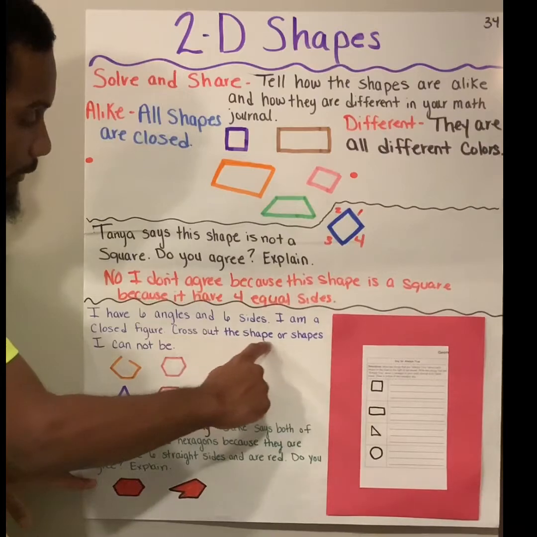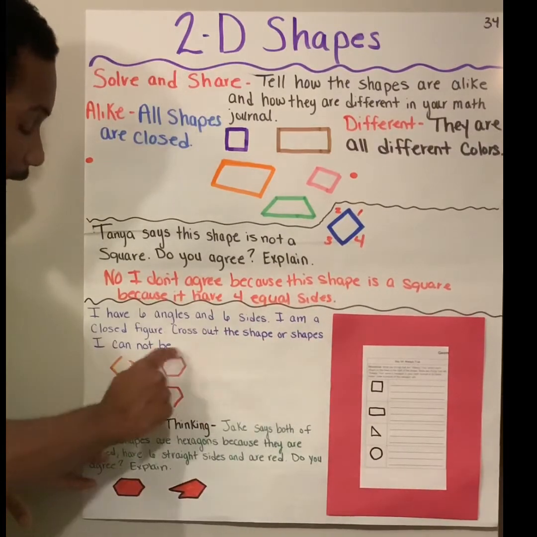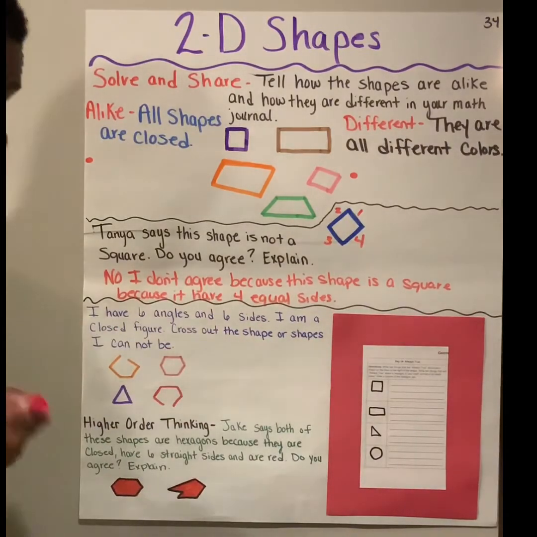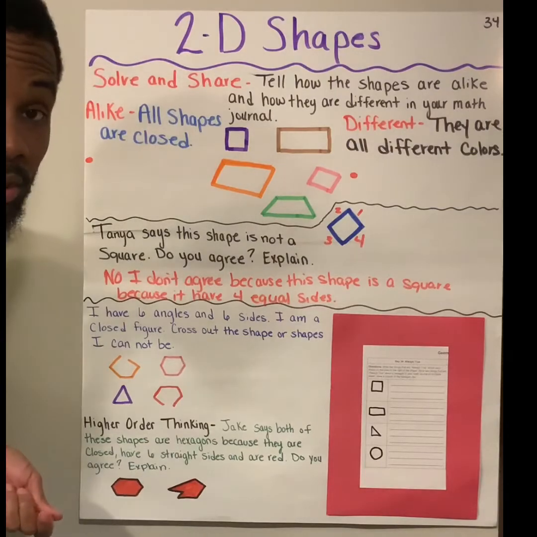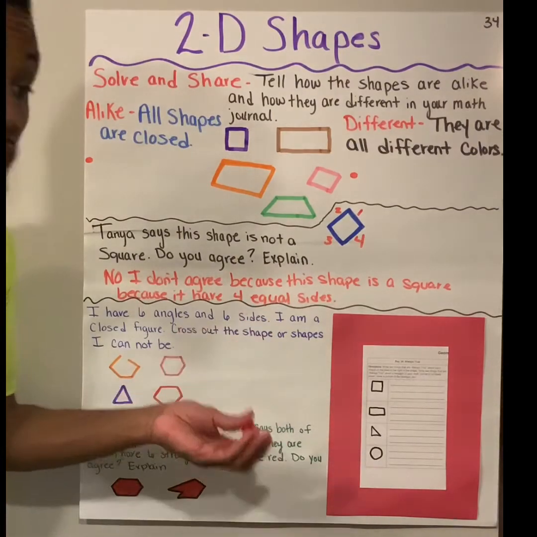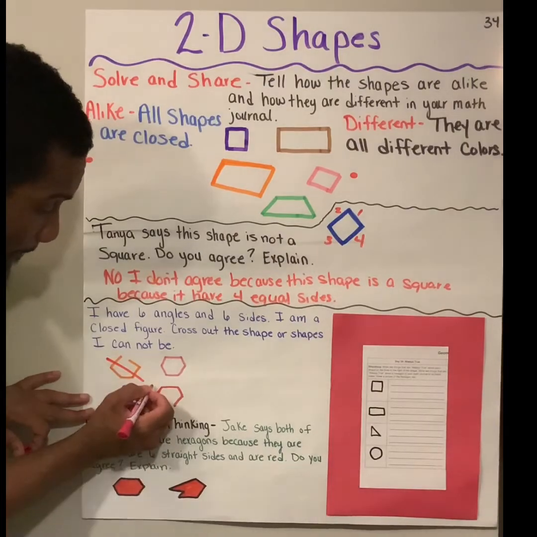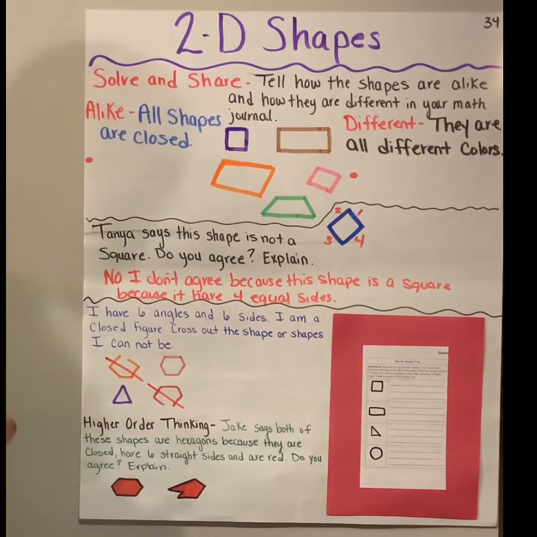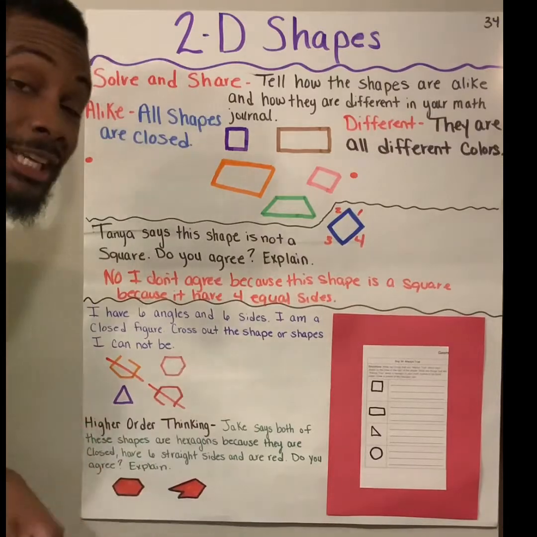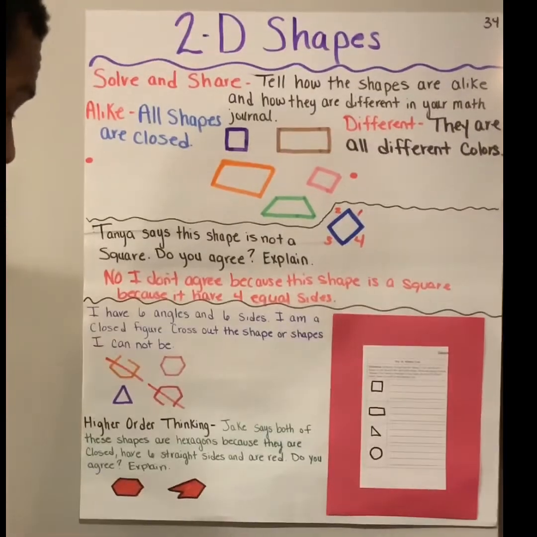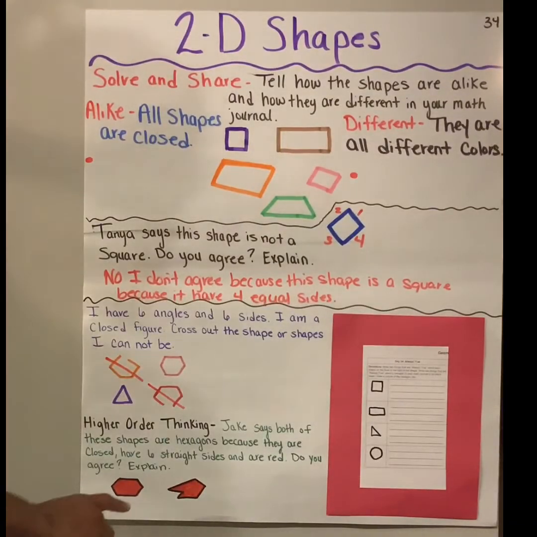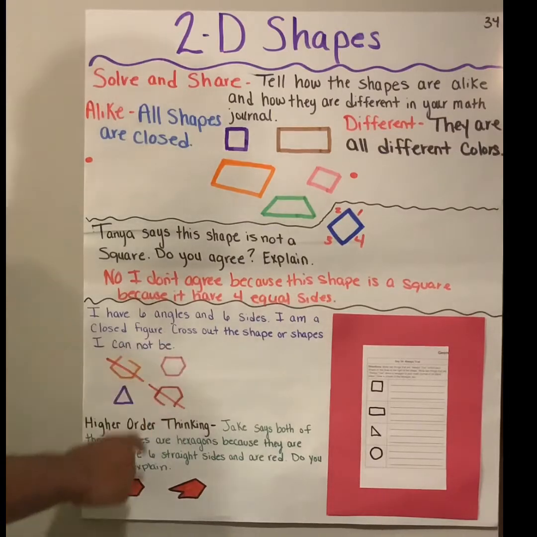Cross out the shape or shapes I cannot be. So I'll give you a hint. We know that 2D shapes have to be what? Closed. So we know it cannot be that one or that one. So I have to be between one of these two. But the key word is I have 6 sides, okay? Next, so you're going to finish this problem, okay?